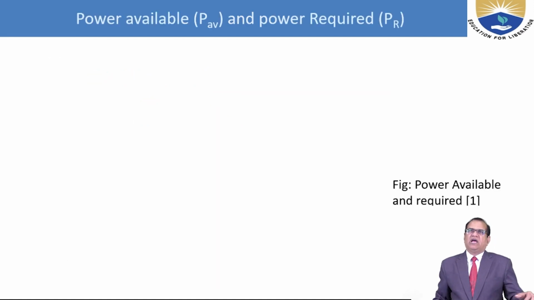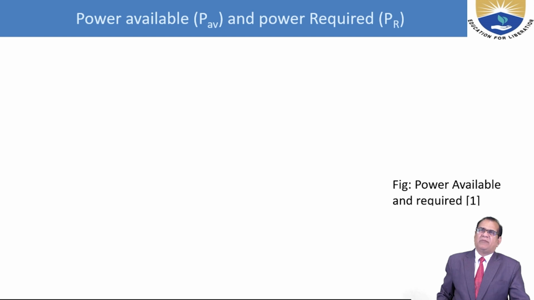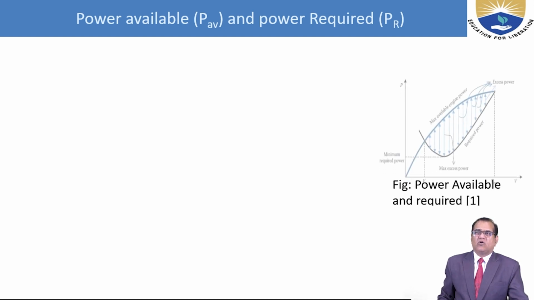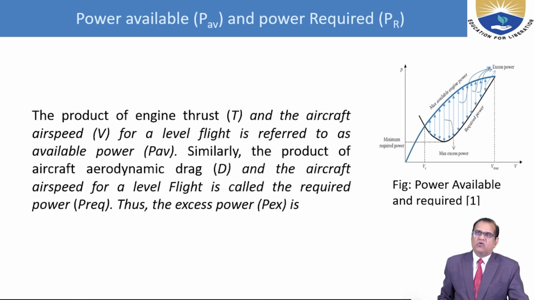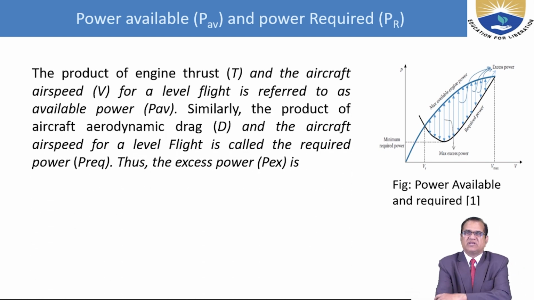Power available, PAV, and the power required. These two terms we have to understand very well. What is the power required and what is the power available? The product of engine thrust and the aircraft airspeed for a level flight is referred to as the available power, means how much thrust the engine is producing into the velocity.